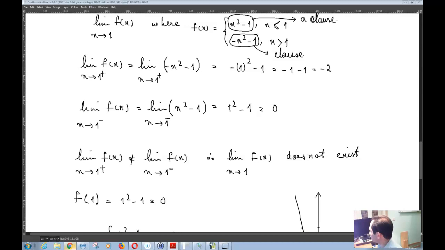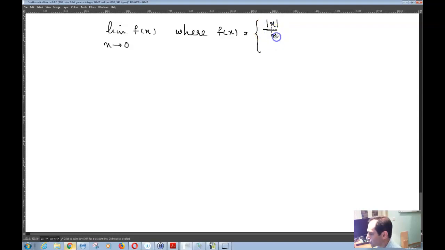Number 25 is evaluate the limit of f of x when x tends to 0, where f of x is equal to the absolute value of x over x for x not equal to 0, and it's equal to 0 for x equal to 0.